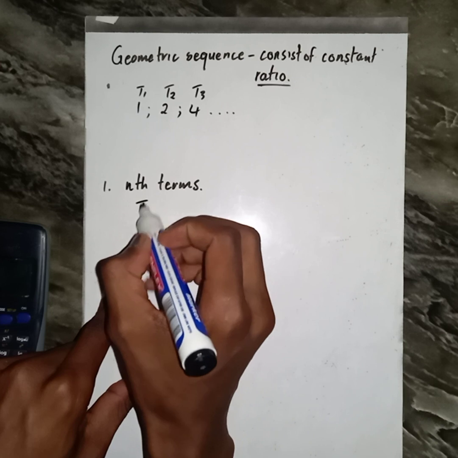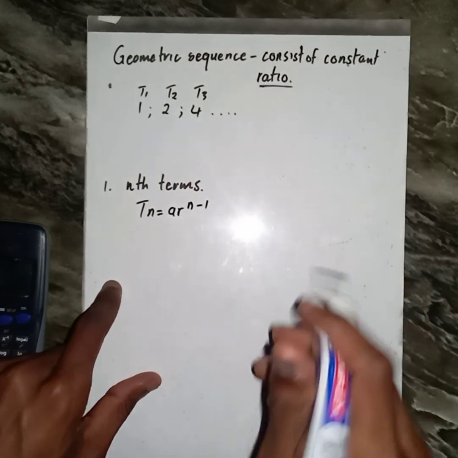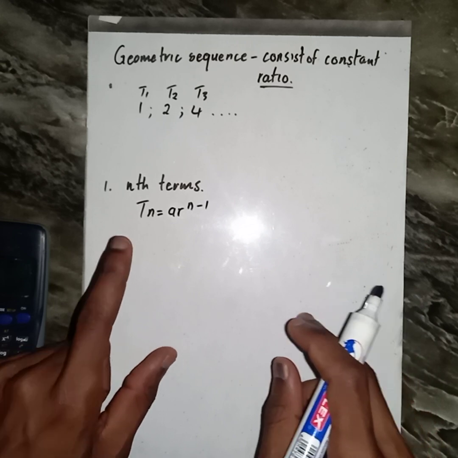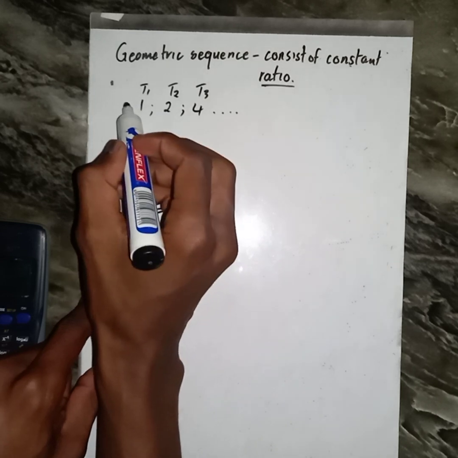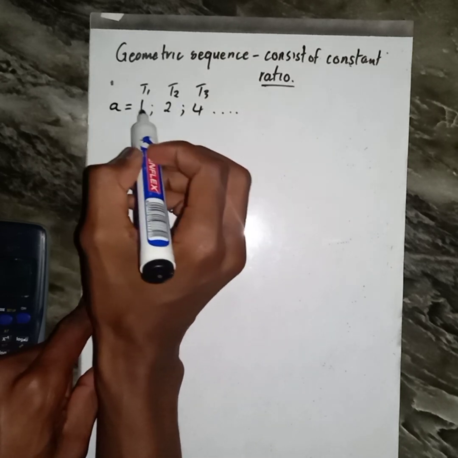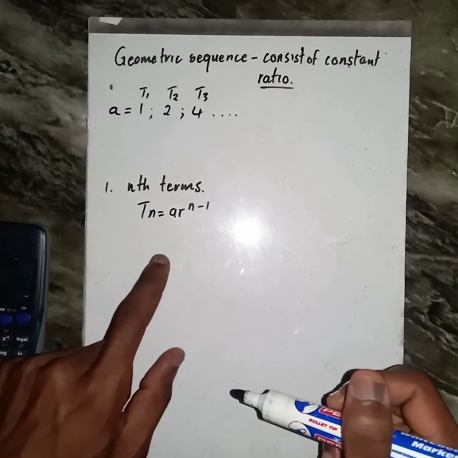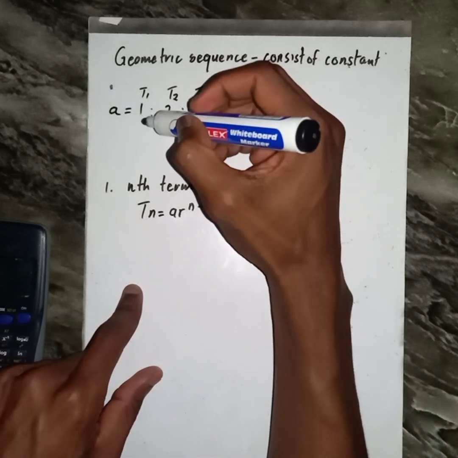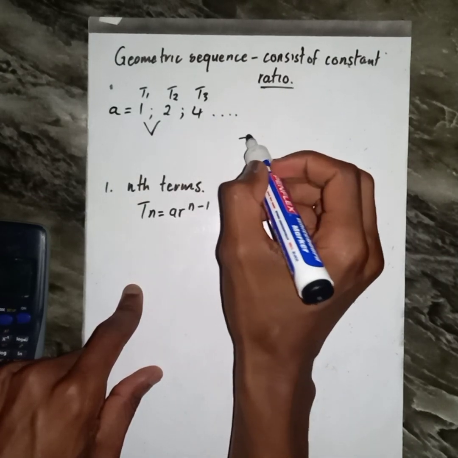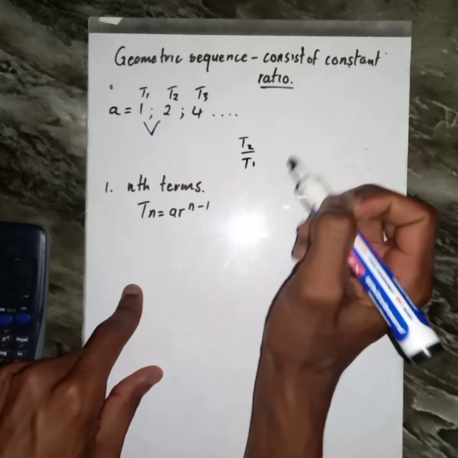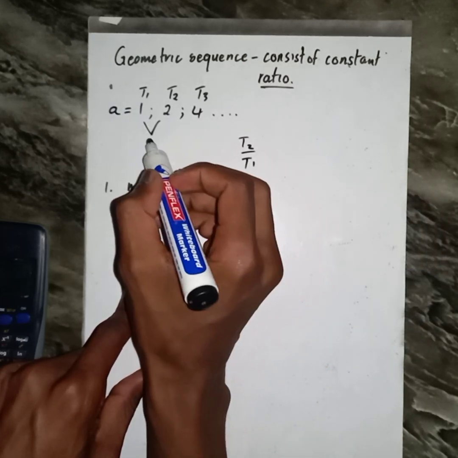Firstly, you just need to know that the general term or the general formula for the geometric sequence is as follows, where a is the first value of our sequence. Then for us to determine the value of r is so simple. You just need to say T2 divided by T1, which in this case is 2 divided by 1.